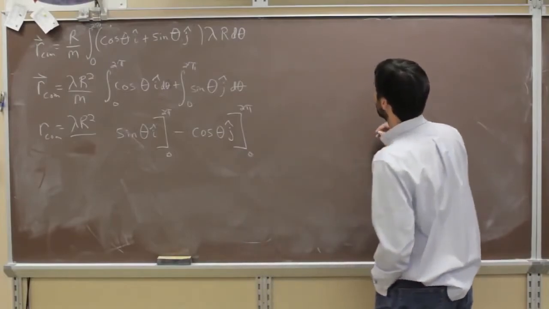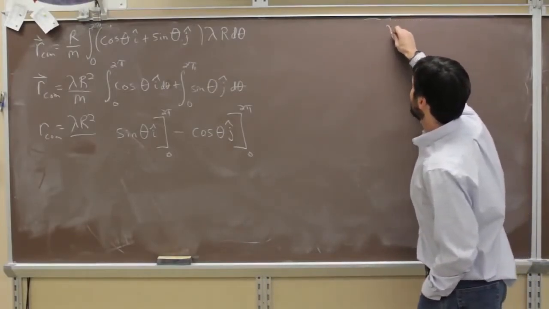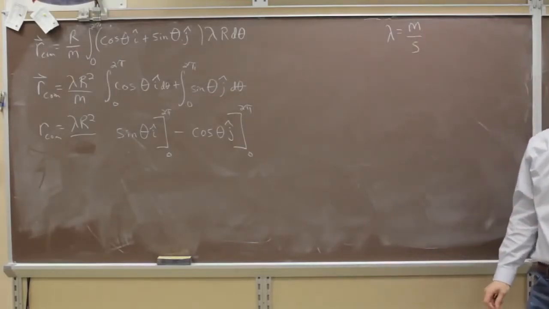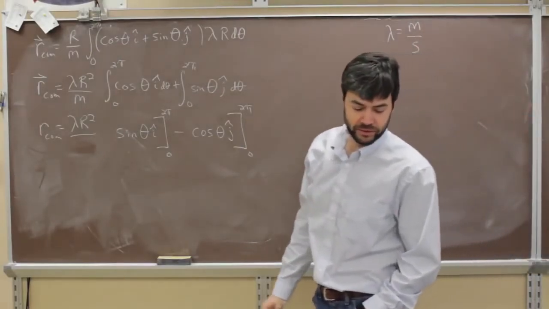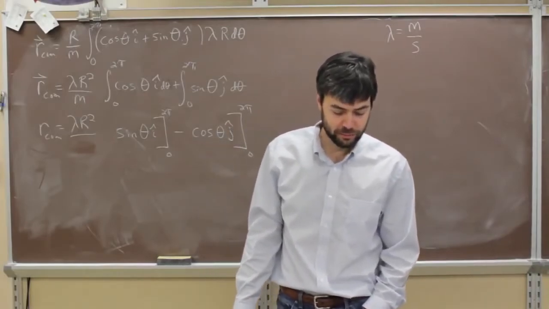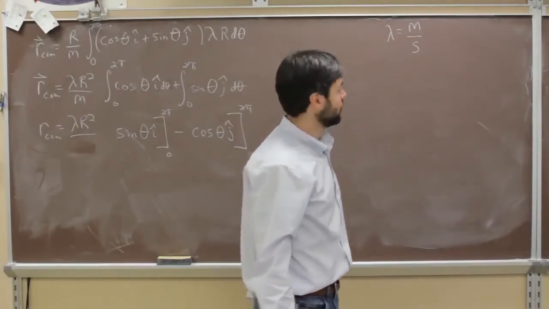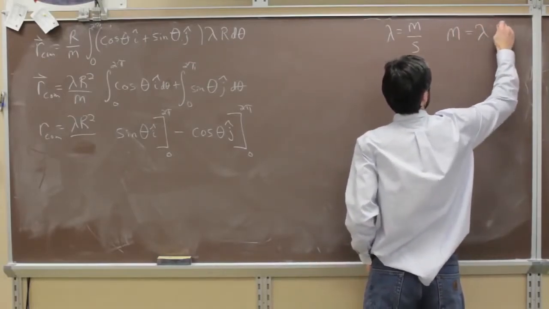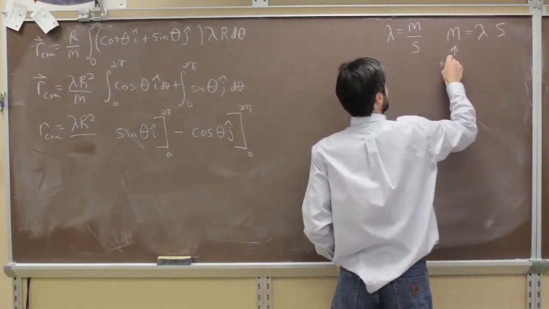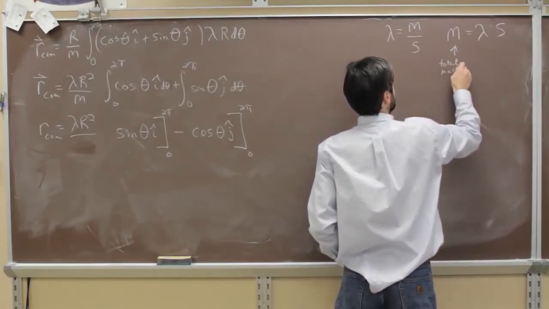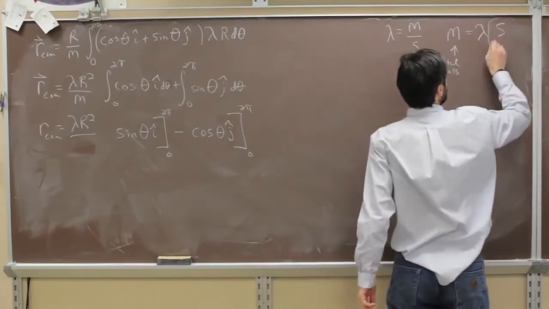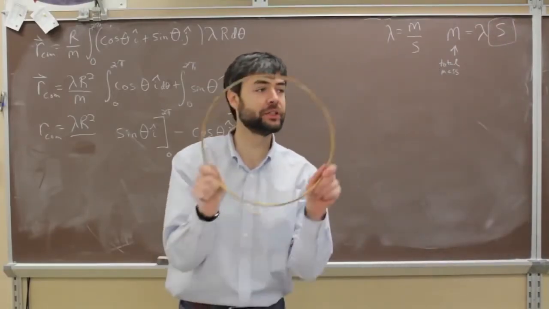Remember that lambda is equal to m over s. I think this was maybe the mistake that I made yesterday. So the total mass is equal to lambda s. How much do we have?